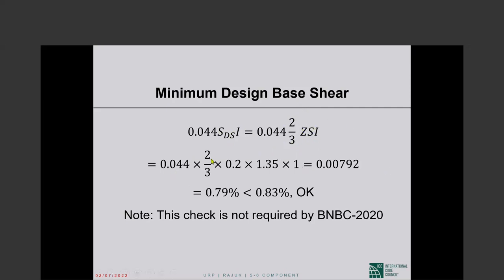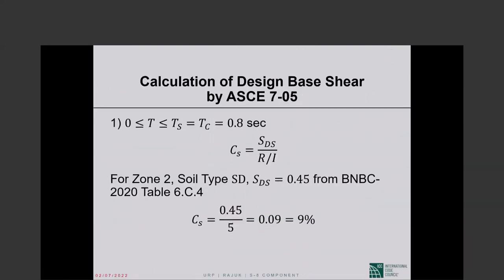The 0.44 times 2/3 times 0.2 times S of 1.35, here it is correct, times I of 1, that is 0.00792, which is 0.79%, which being less than 0.83%, that is okay. So we cannot go below 0.79%. Note this check is not required by BNBC 2020. We ran numbers also by ASCE 7.